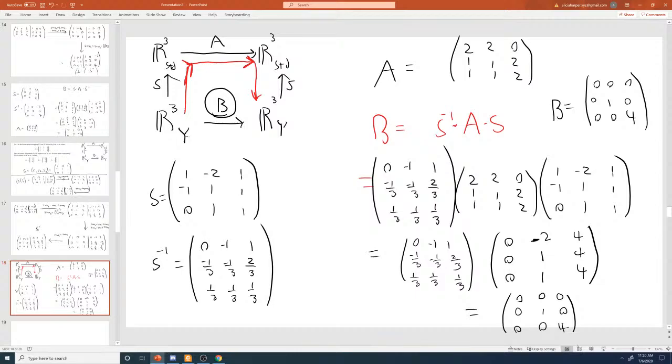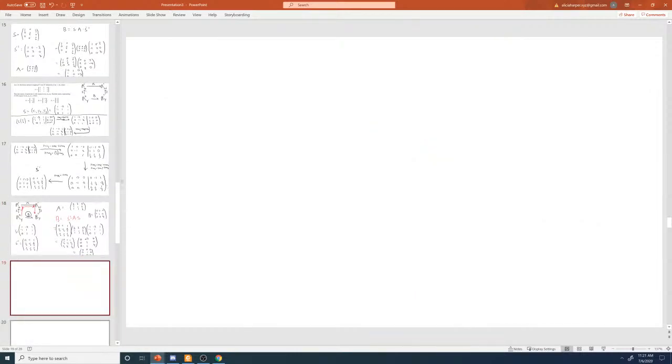So, you'll note something about this specific example. By changing from the standard basis to the basis y, I have produced a matrix that is much simpler. It's very easy to understand how this matrix works, this matrix B. We can see it geometrically.